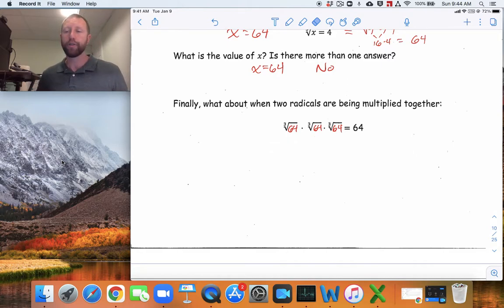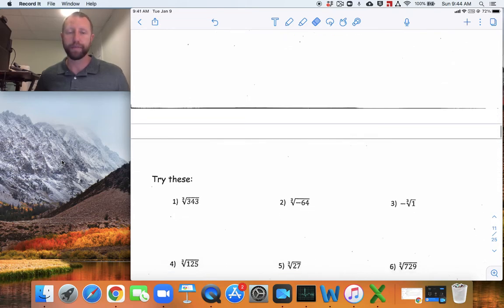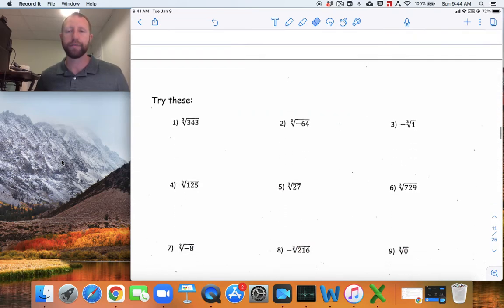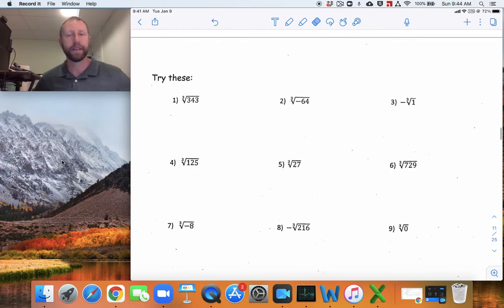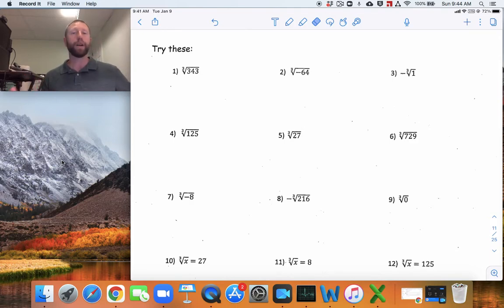Okay, so you're going to do the same thing with cube roots on these ones. Try to find out which one of these they equal. Now, your teacher will show you how to do this on your calculator to make it a little bit easier for you. But that's what we're trying to do here, is just figure out what number when I use it 3 times now, right? So for square roots, what number multiplied by itself?